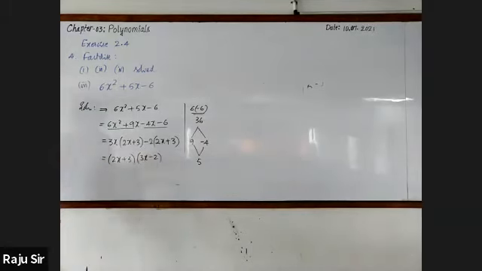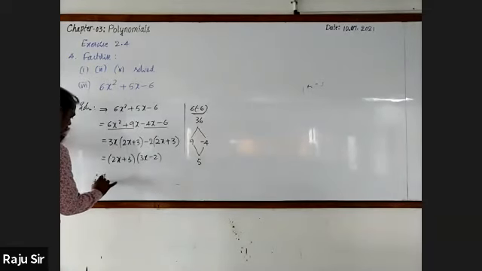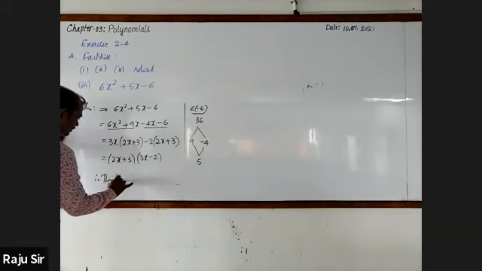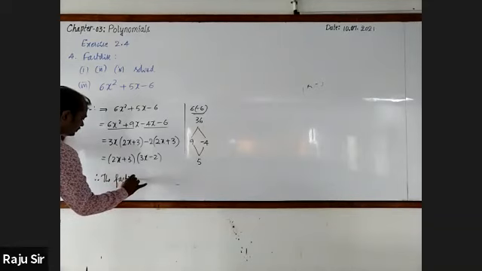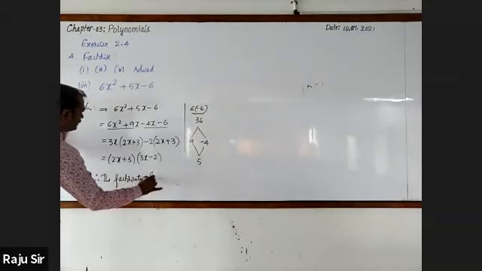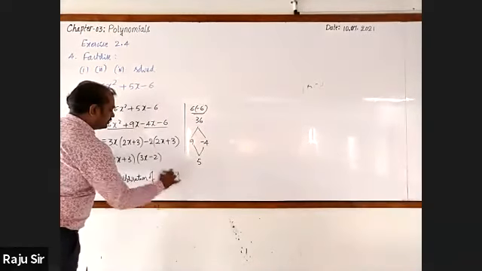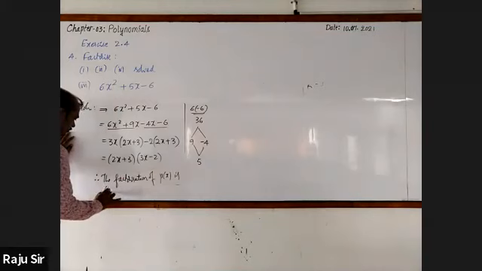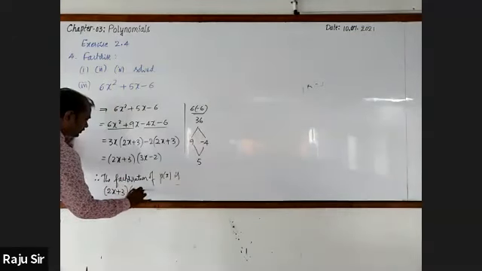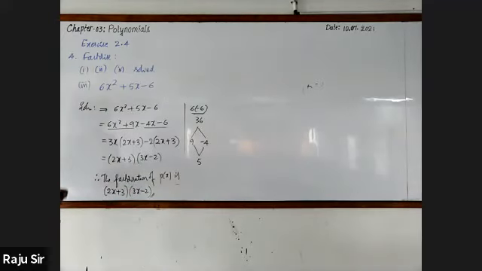This is the factorization. And you may write the conclusion as, therefore, the factorization of P of x is 2x plus 3 into 3x minus 2.